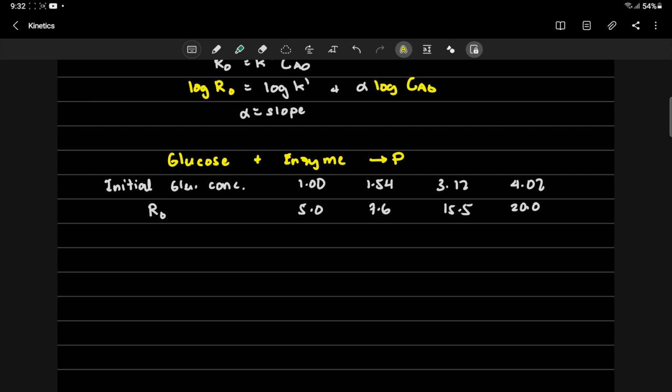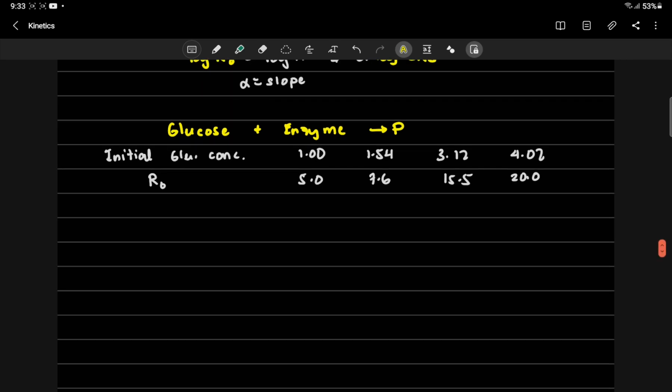So I wasn't able to affix the proper units. Let's say that the concentration of the enzyme is equal to 1.34 millimoles per cubic decimeter, and let's assume this to be constant.